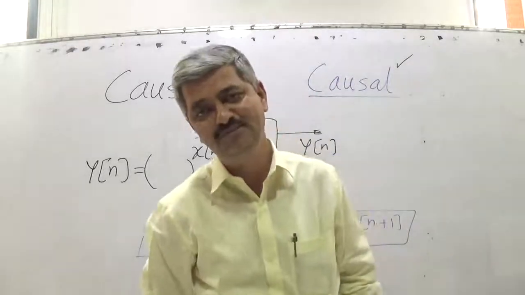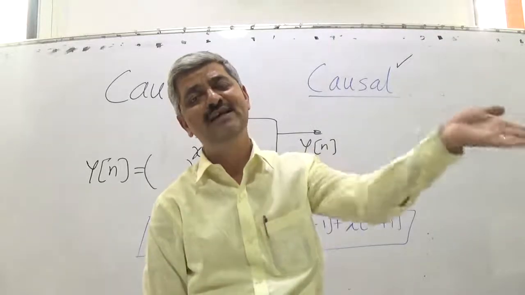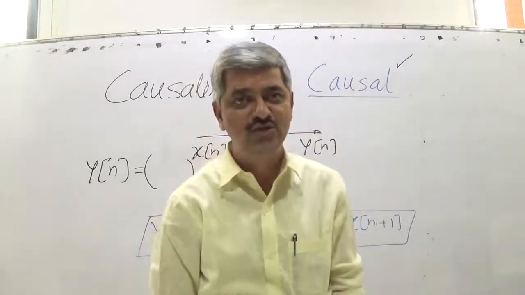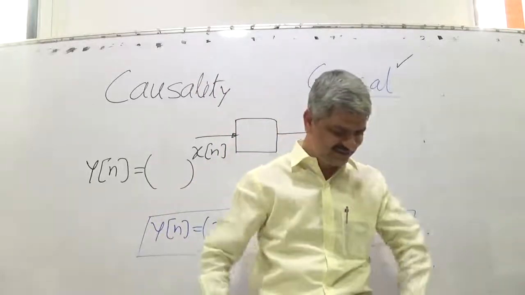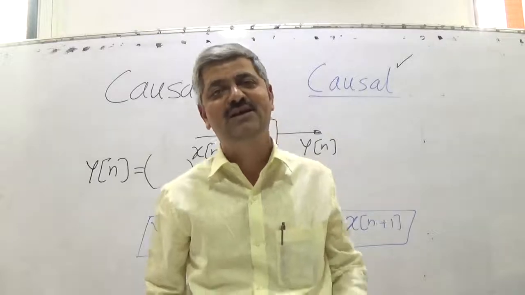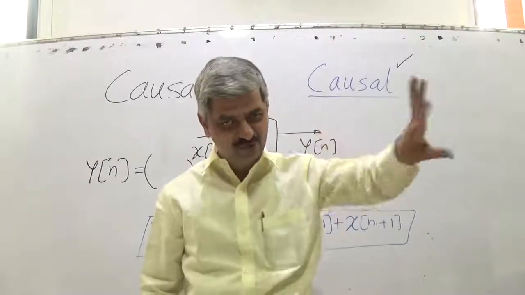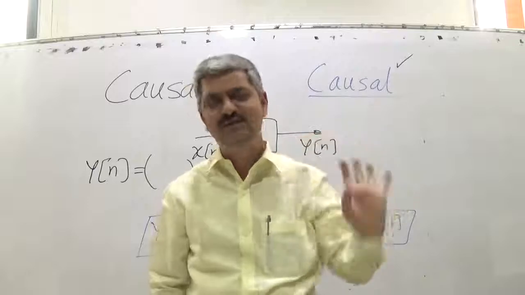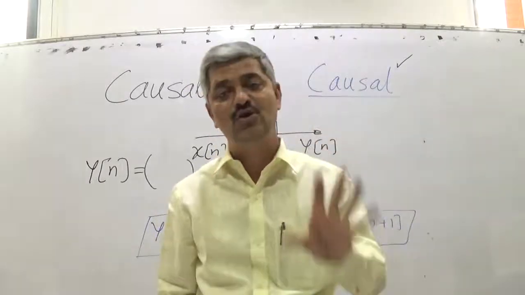If it depends on current, previous and also future inputs, it is non-causal. Then there is one called anti-causal, just the reverse of causal. In that case, output depends only on current and future inputs and not on past input. But anti-causal is just one kind of definition; we normally don't encounter such systems. So we encounter causal systems and non-causal systems.